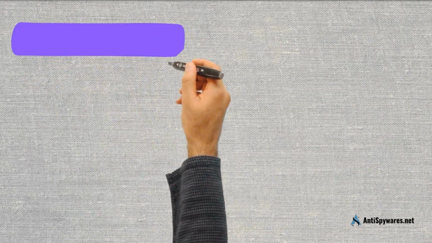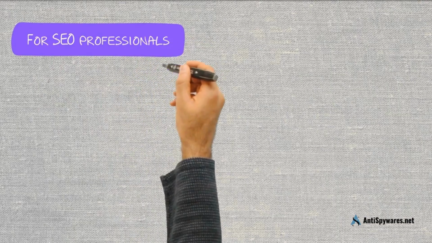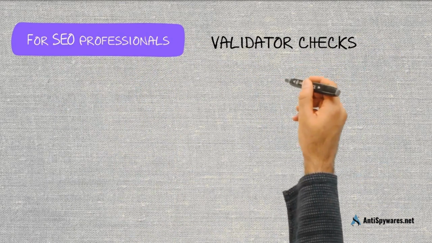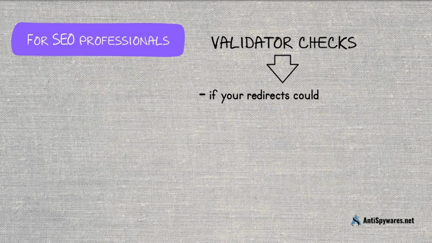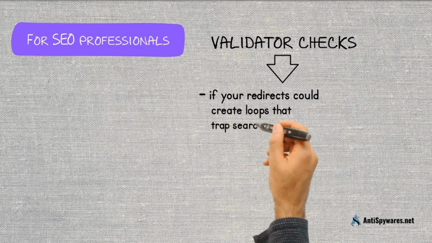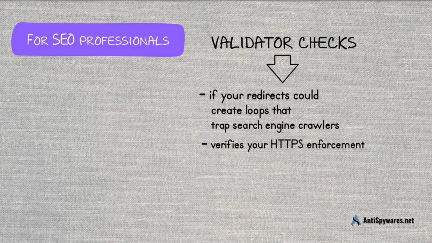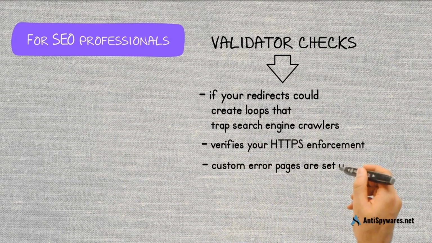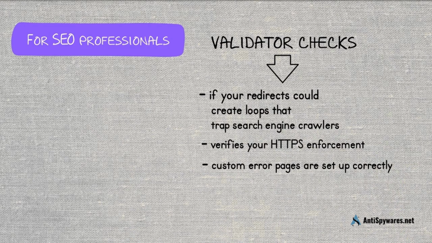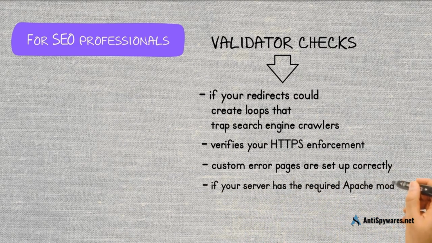For SEO professionals, the validator checks if your redirects could create loops that trap search engine crawlers. It verifies your HTTPS enforcement is properly configured. It ensures your custom error pages are set up correctly. The tool also checks if your server has the required Apache modules enabled for your directives to work.